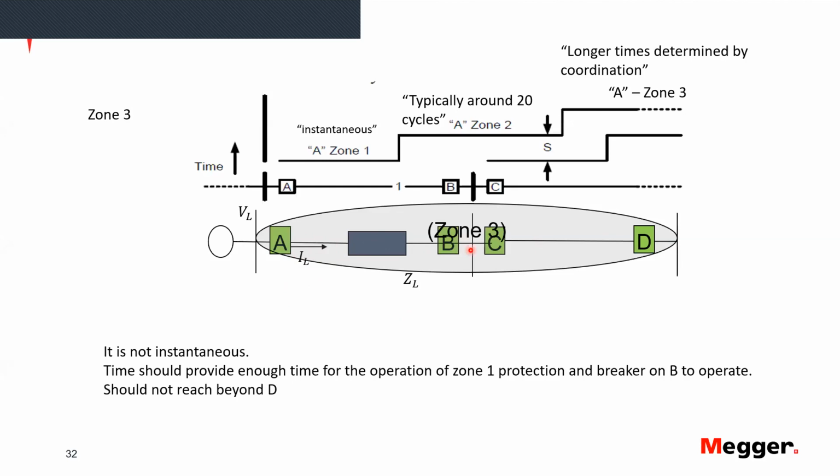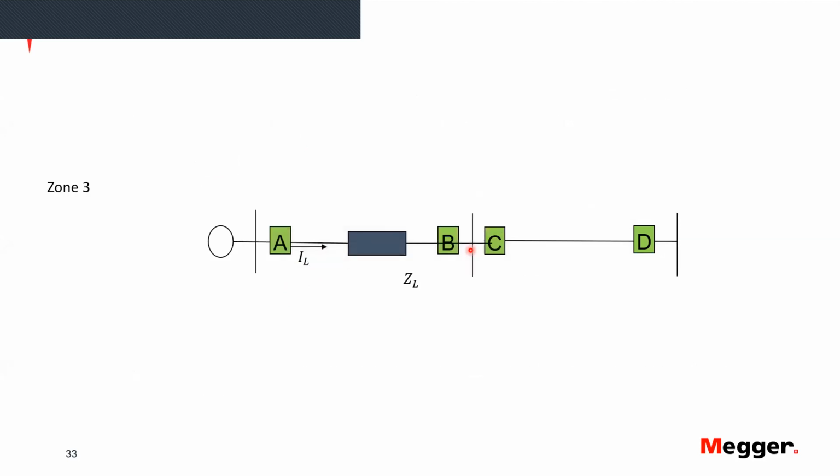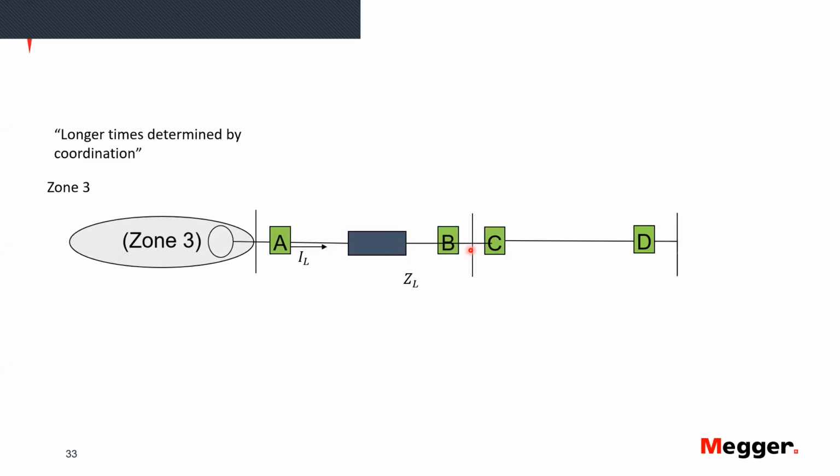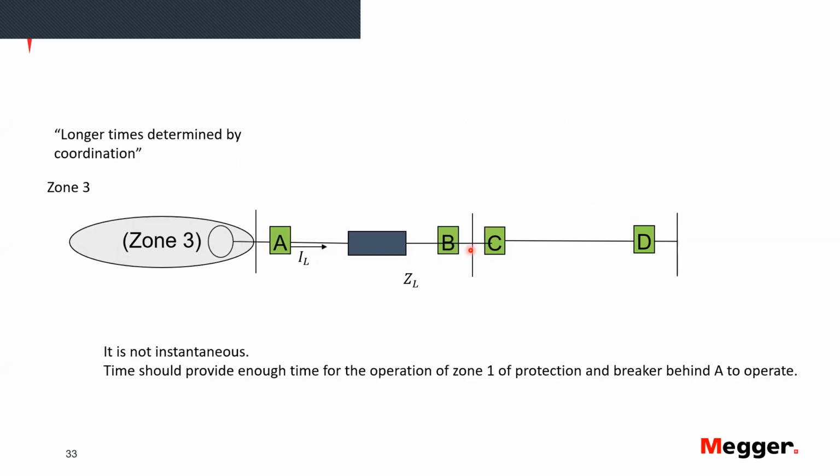It's also typical to have zone 3 looking behind the relay. Again, the times here should be longer, determined by coordination, and it's also not instantaneous. It should also give time for the relays that should be behind A to operate, but it should only trip for faults behind the relay where it is implemented.